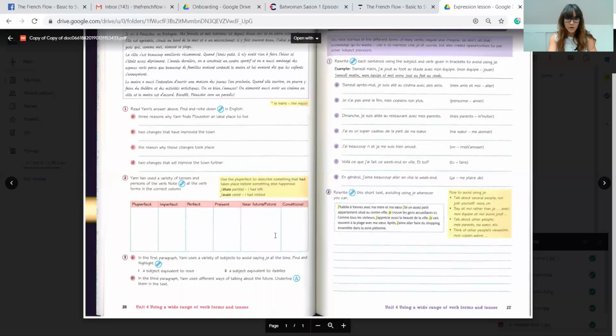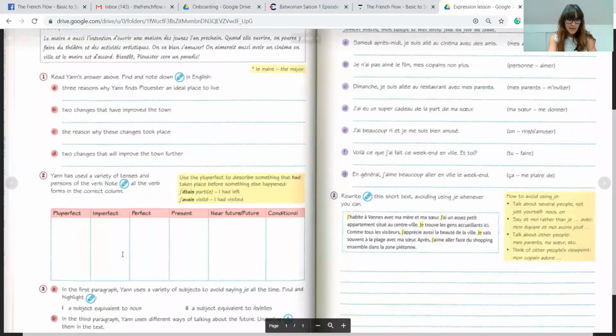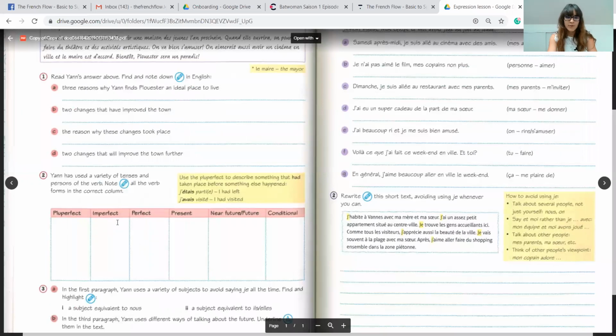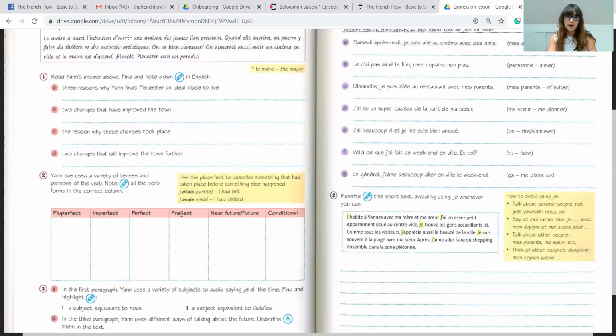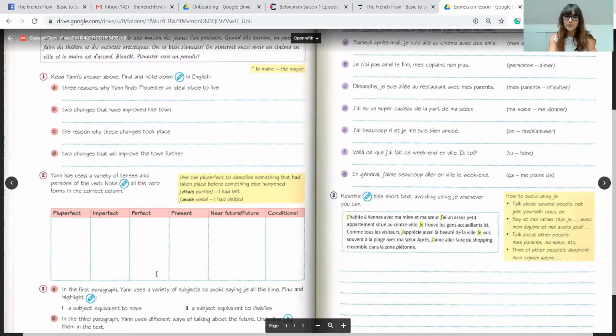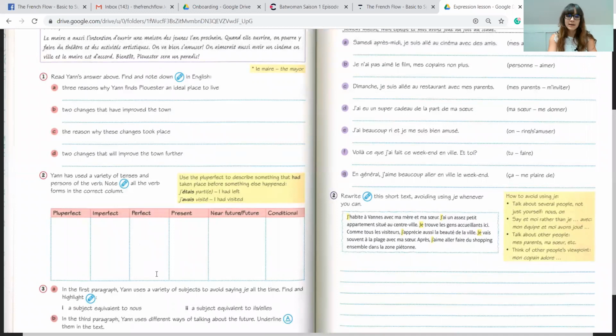recognize from it. If you have a look here, if I zoom a little bit more, there is a table about pluperfect, imperfect, perfect, present, near future, conditional. Some of these verbs you know already, some of them you haven't seen before. So don't be too harsh on yourself if you can't recognize the pluperfect, for example, or the conditional.